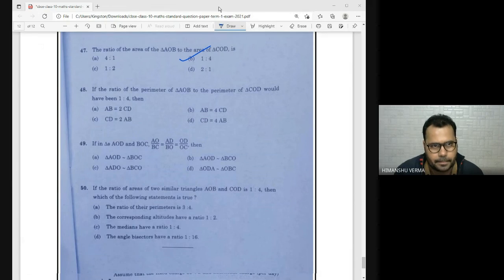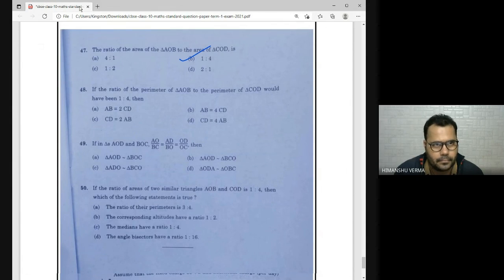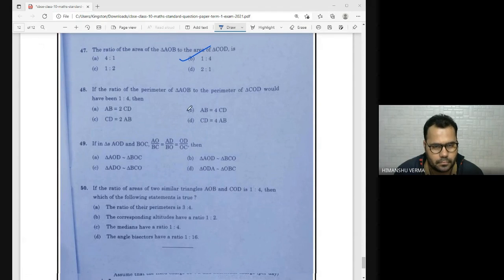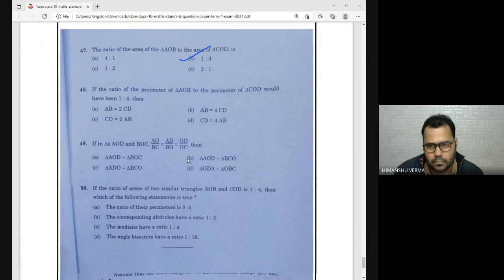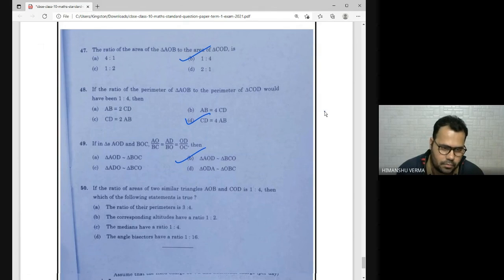Tell me 48. 48 is D. Okay. And 49 is B and 50 is C.